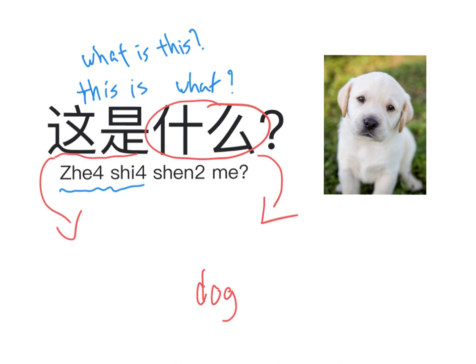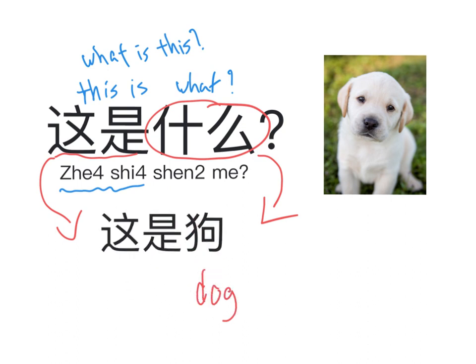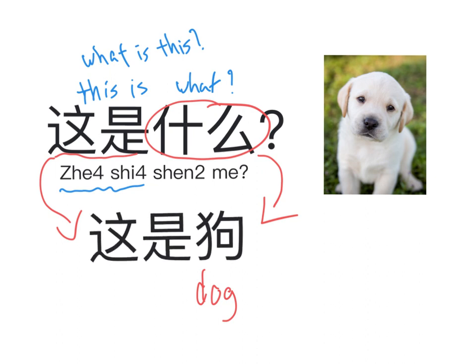So basically the answer here would be 这是狗. So as you can see, 这是 is this is, and then 狗 is dog. So basically the answer would be 这是狗.